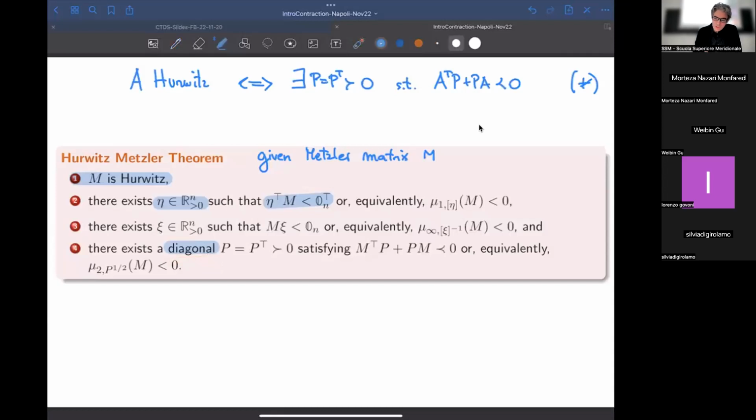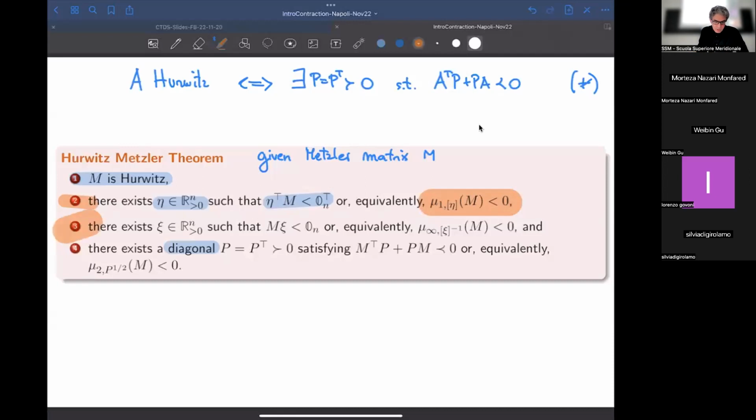Now, less obvious are the following facts, and you may not remember, but we studied log norms on Friday. Let me not review all the formulas. Let me just invite you to go look at the formulas and notice that statement 2, about the fact that weighted column sums are negative, is exactly equivalent to asking for the log norm of the matrix to be negative with respect to a certain one norm, the one norm weighted by the coefficients eta.